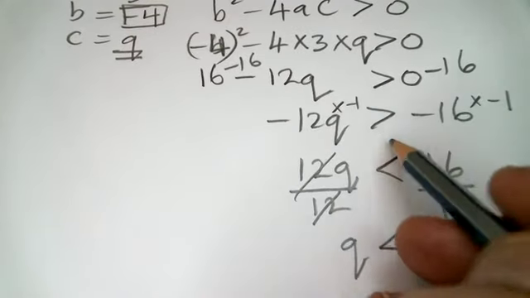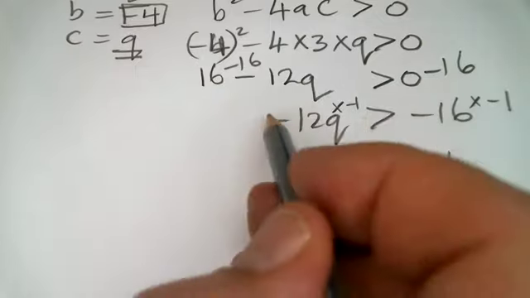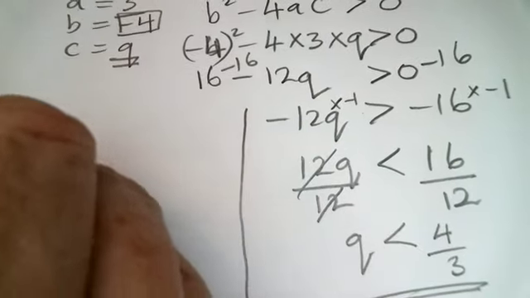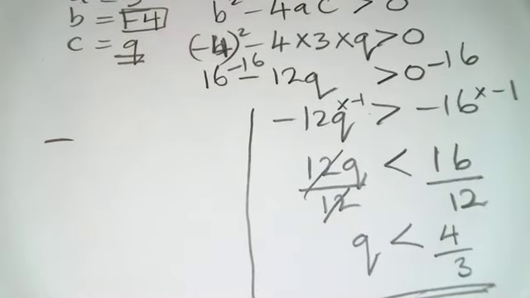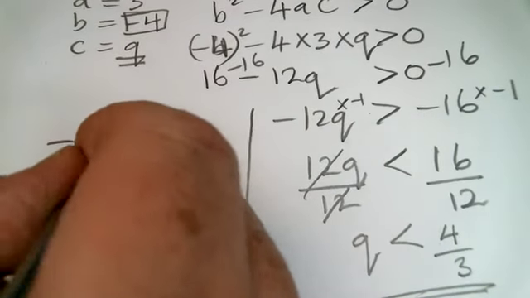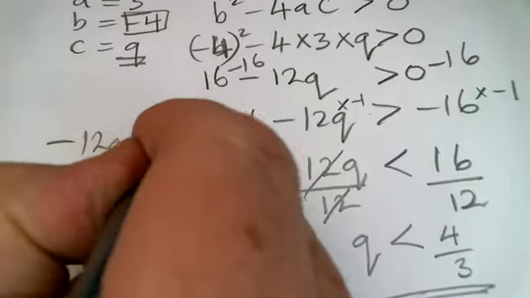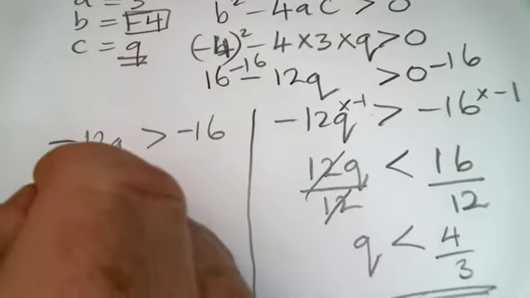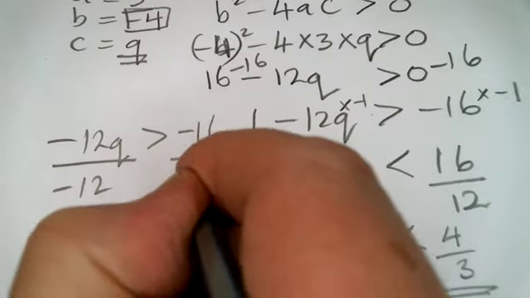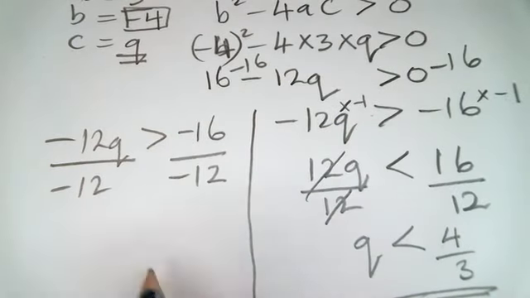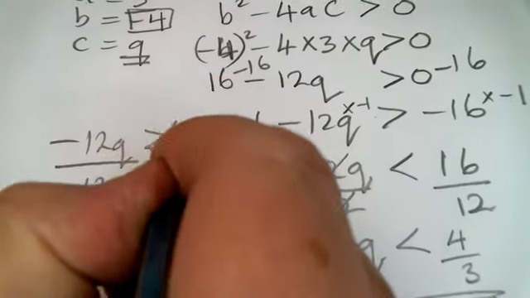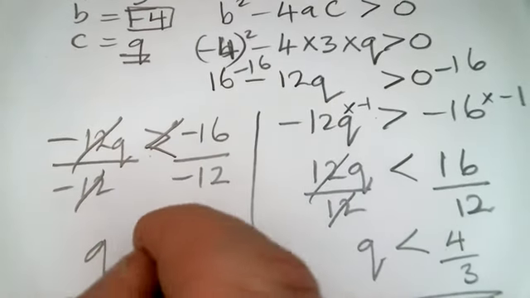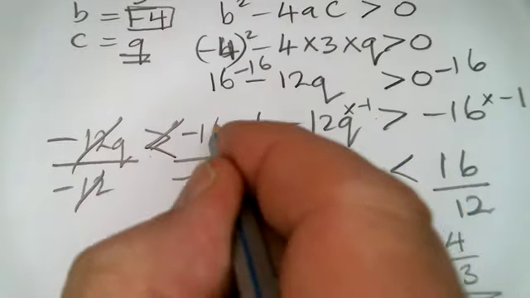Of course, I didn't have to multiply by negative 1. At this point I could have just taken negative 12q is greater than negative 16 and divided both sides by negative 12. And the moment I did that, I would turn the sign around. 12 divided by 12 is 1, leaving me with q is less than negative 16 on 12.